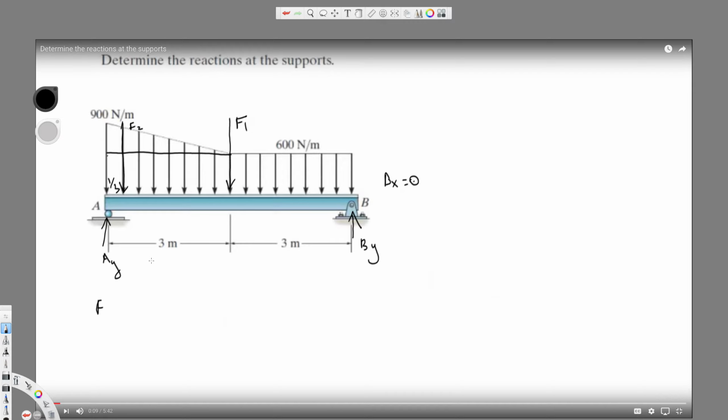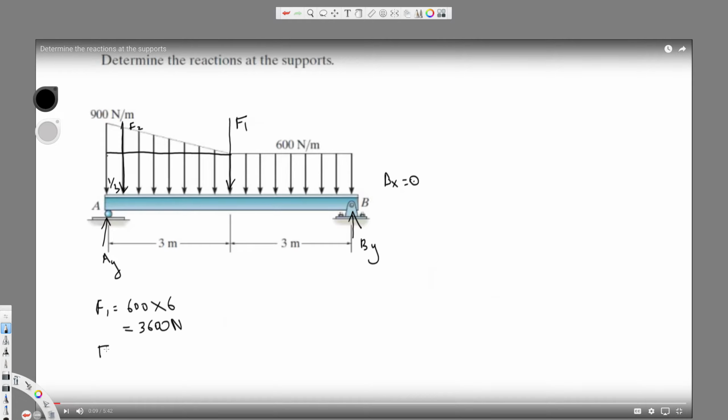For the rectangle, the area is equal to length times height. So height is 600 Newton per meter, and the length is 6. So Newton per meter multiplied by meter becomes Newton, and it will become 3600 Newton.